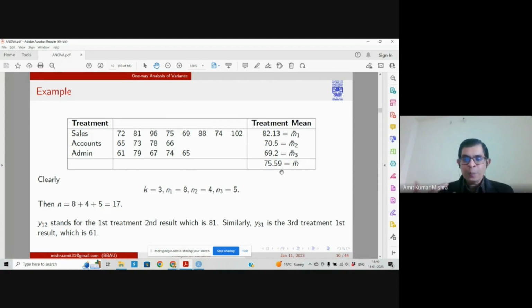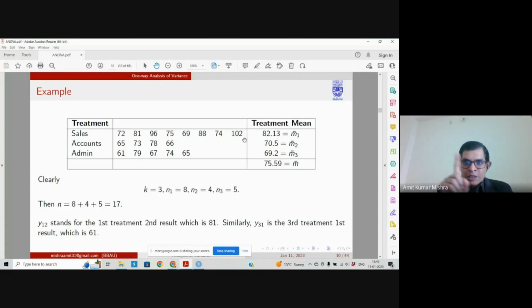Now see the idea. What we want to compare is whether the means are the same or not. So if I assume that the mean of the sales department is 82, the mean of the accounts department is 82, the mean of admin is 82, then you can easily understand that the overall mean will be 82.